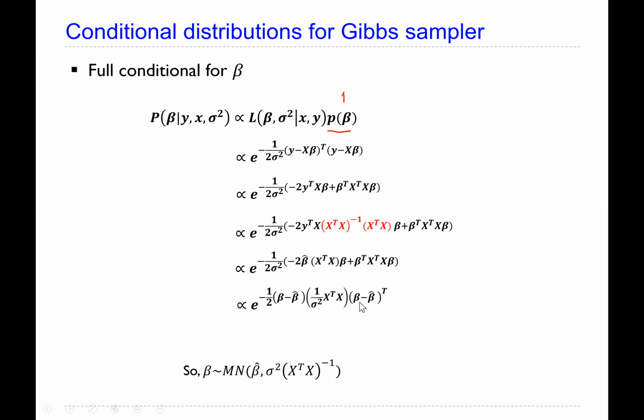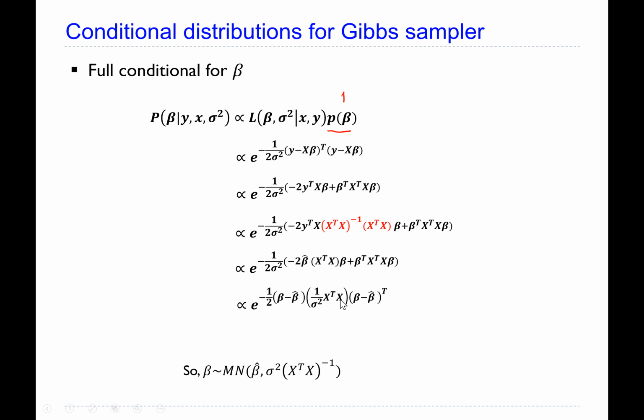When I get this one, you can get this one from this one using the integrals by completing the square. So this one is a kernel of what? This one actually is a kernel of multivariate normal with mean beta hat, where the variable is beta, and this one is the variance covariance matrix.